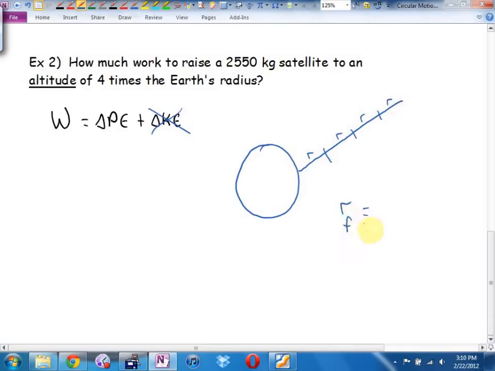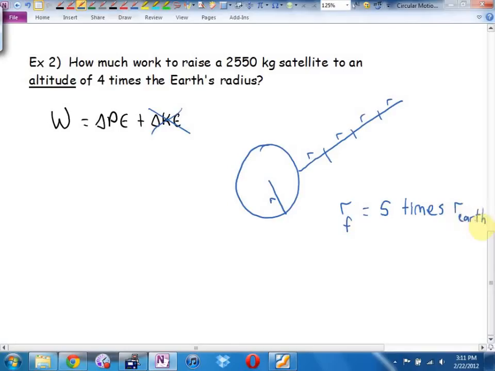What is our final radius? Altitude is from the ground surface. So we're going to have to include one more radius. The actual radius is 5 times the radius of the Earth, because the altitude is 4 times plus one more.